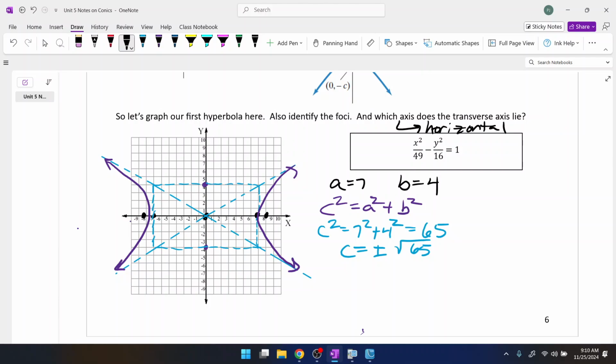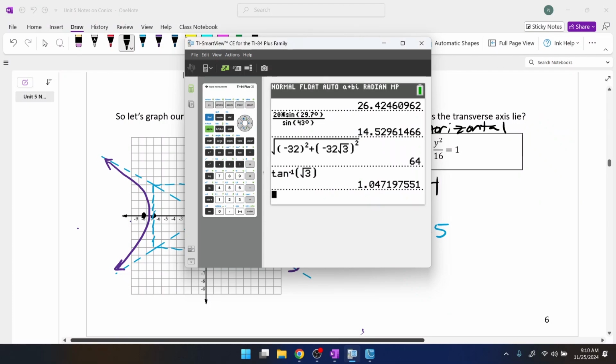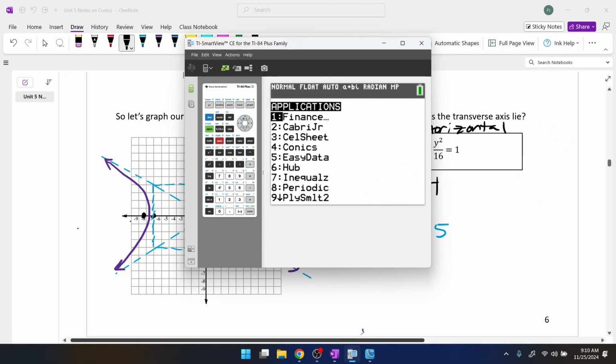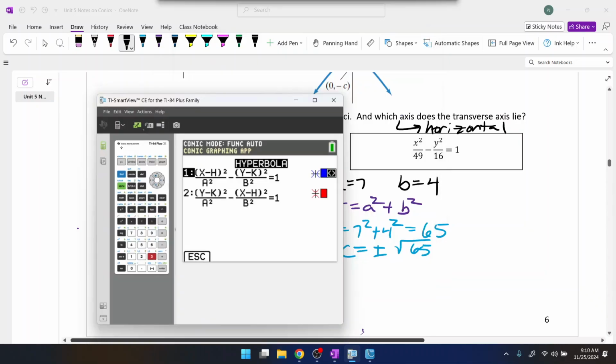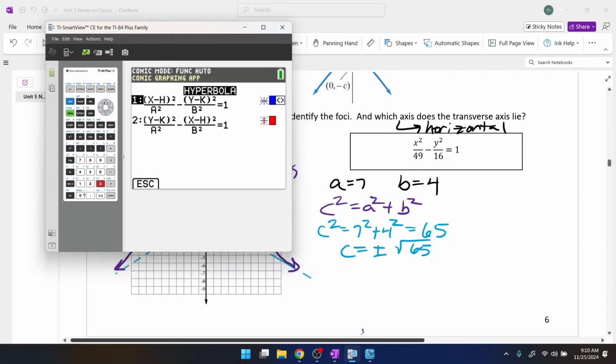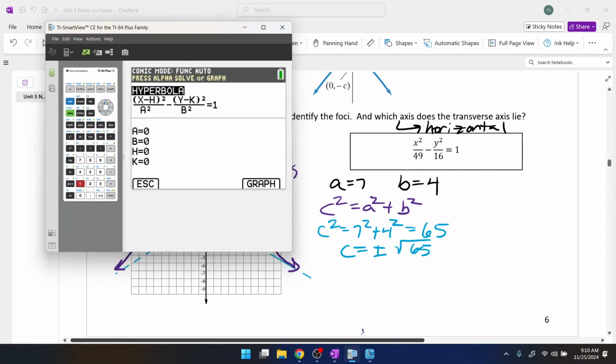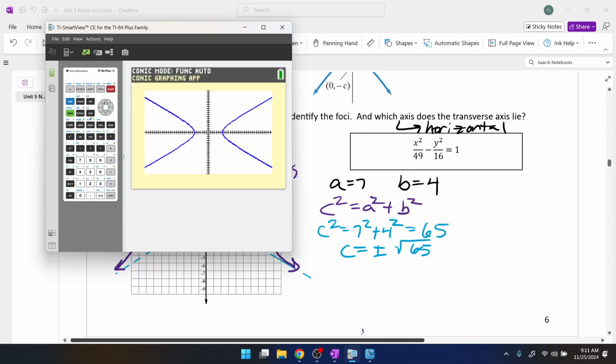Now, of course, you can use the conics graphing app when you want to graph a hyperbola, and in this case, the x value is positive. A is going to be 7 and B is going to be 4. We're still centered at the origin, and it'll look something like this.